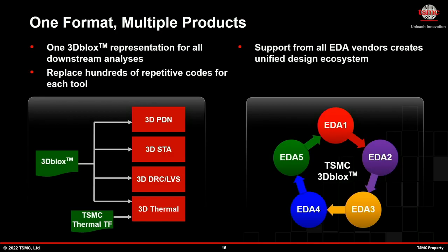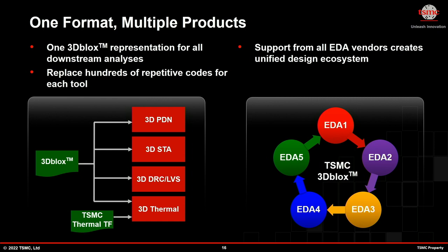So let's take thermal analysis as an example. If you do a thermal simulation model, what you will find is it takes a lot of scripting just to describe stacking structures and the connectivities, and also the bindings to the TSMC thermal tech file with all the material information and thermal conductivities. It's difficult.